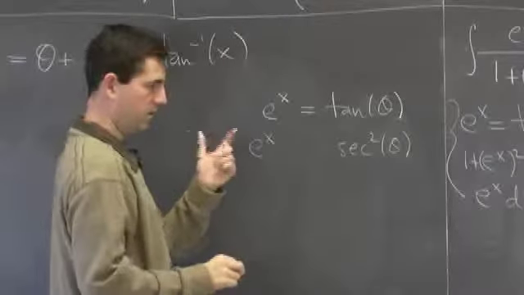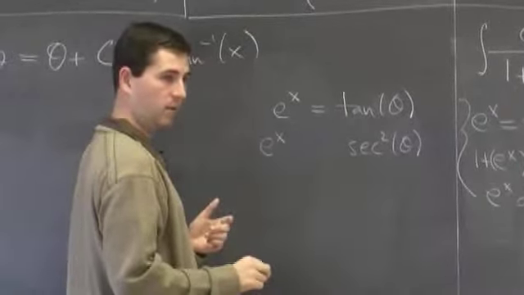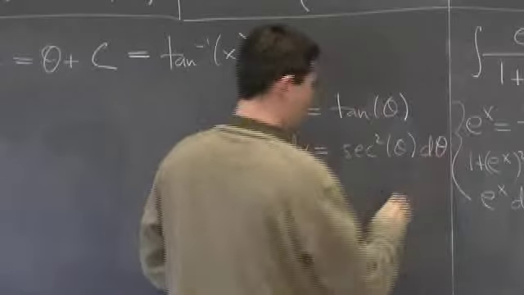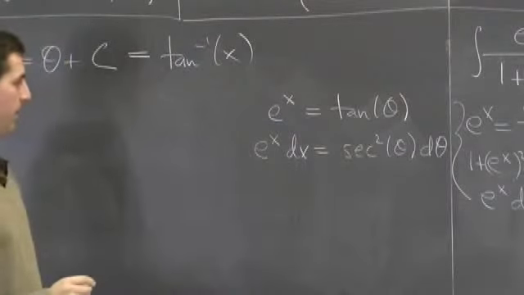And now I just need to sort out where my dx's and d thetas go. Of course, you know that the x's should stay with the x's, and the thetas should stay with the thetas. So this is how we get to here.